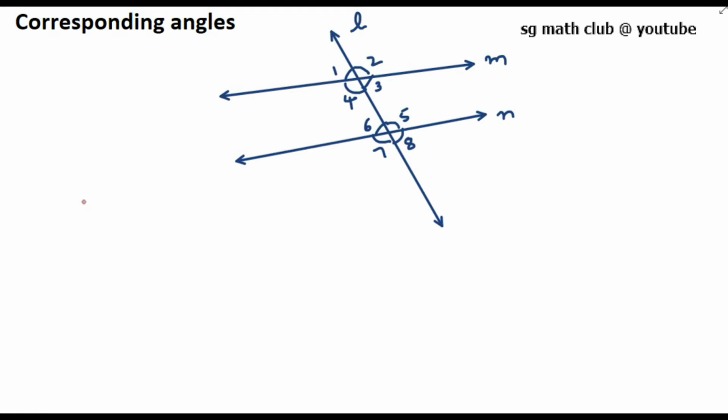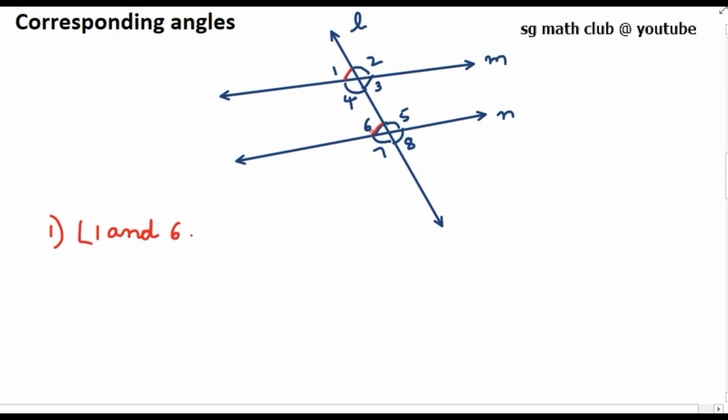Here the corresponding angles are, you can see total 8 angles are formed. The corresponding angles are angle 1 and angle 6. These are a pair of corresponding angles.